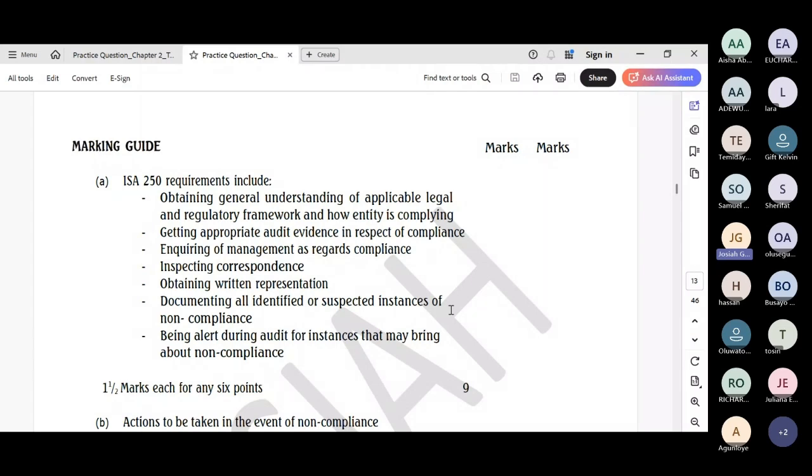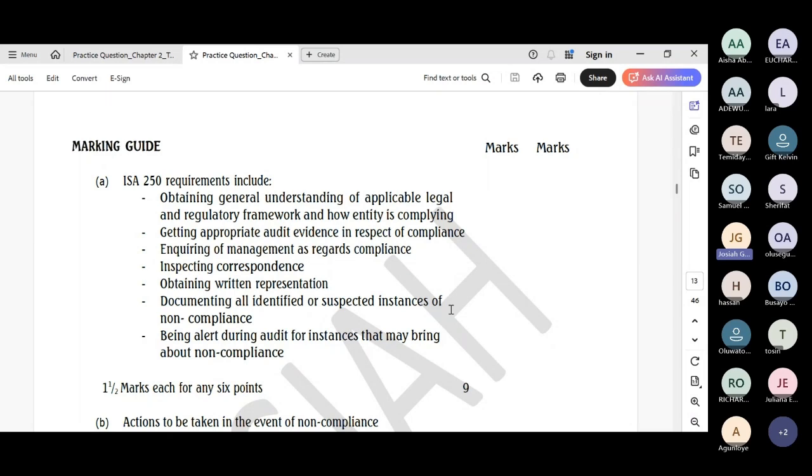So also inquiries of management is a key source of information. And then inspect correspondence with authorities, that is, provide external evidence by independent confirmation. This evidence for potential issues that could come up or you're skeptical about. Then be alert throughout the audit work to other procedures.